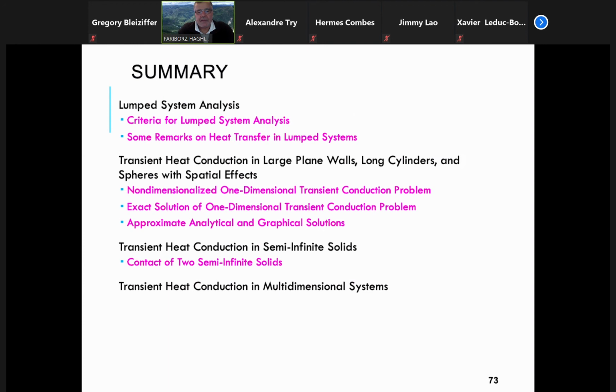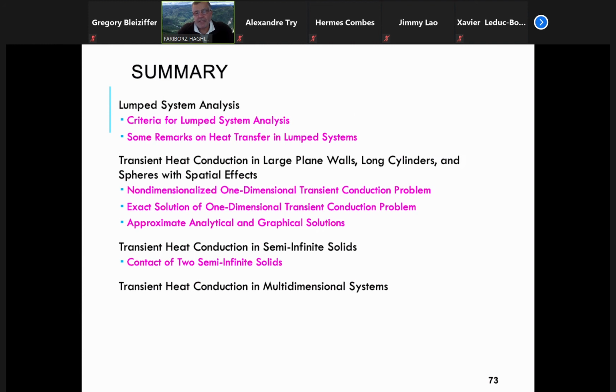Then we can apply this also for 2-dimensional, 3-dimensional, if it's semi-infinite or multi-dimensional. If I have a small little box, like let's say a package of frozen vegetables, then x and y and z are almost of the same order of magnitude. I cannot assume it's long, no. Therefore, we can apply the solution that we have for 1-dimensional to 2-dimensional and 3-dimensional and so on, okay?